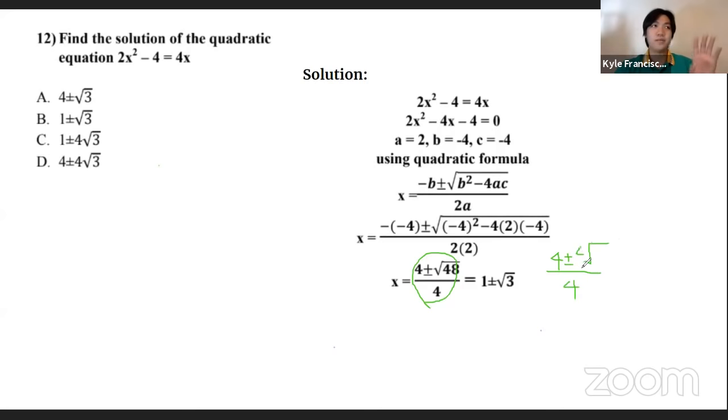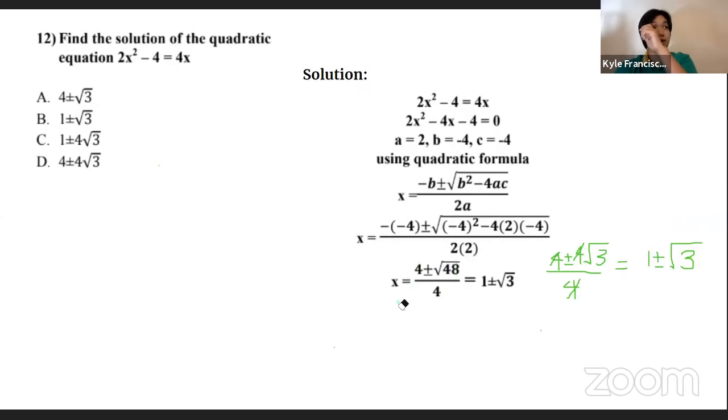So mangyayari magiging 4/4 plus or minus 4 square root of 3/4 siya. So makaka-cancel yung dalawang 4. Magiging siya 1 plus or minus square root of 3. Nakalimutan mo ata yan, i-cancel yung 4.